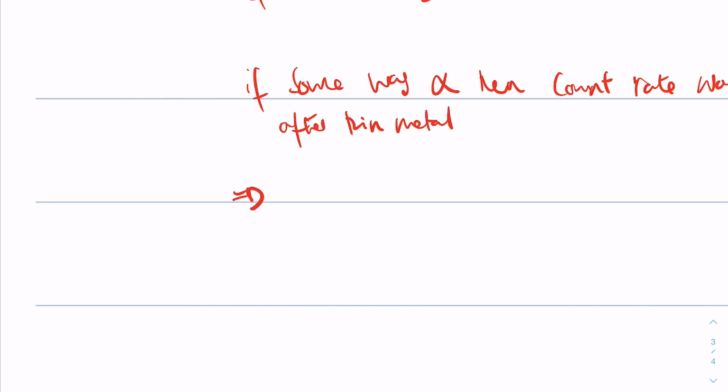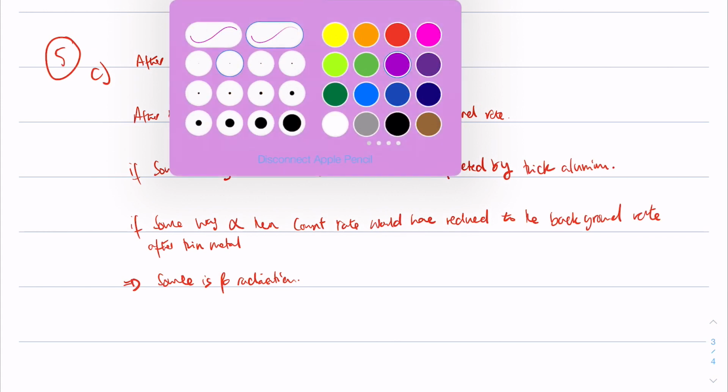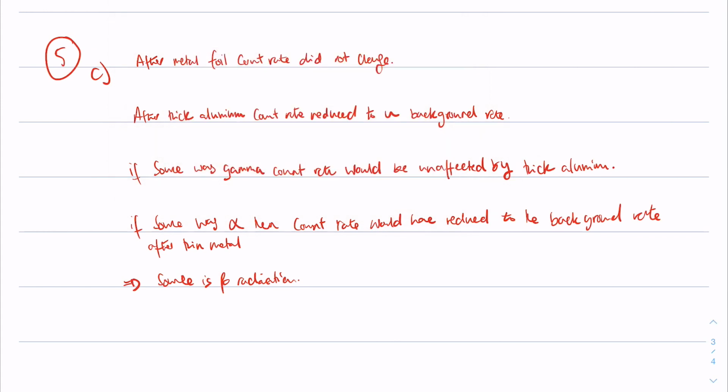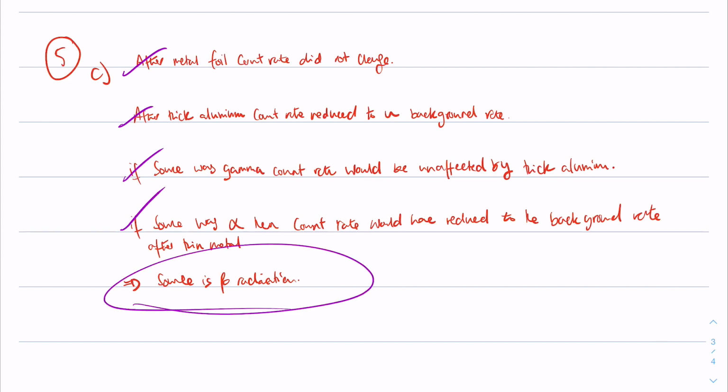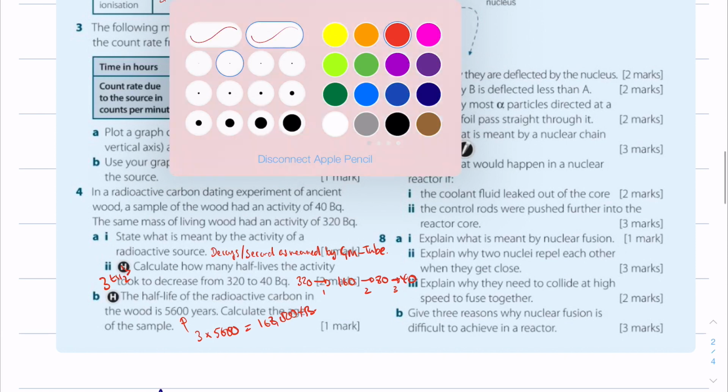Therefore, source is beta radiation. And so let's look at these points. We've got how many marks we've gone. 1, 2, 3, 4 arrives at this conclusion. All right.